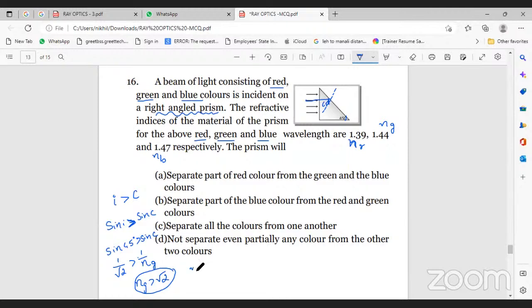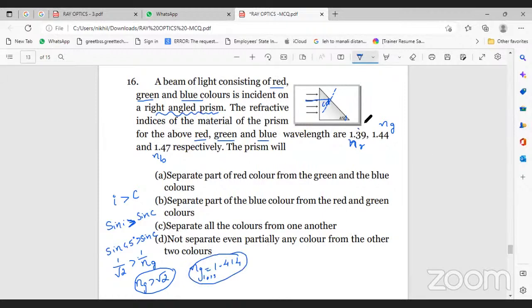Root 2 can be taken as 1.41, so the refractive index of glass is 1.414.